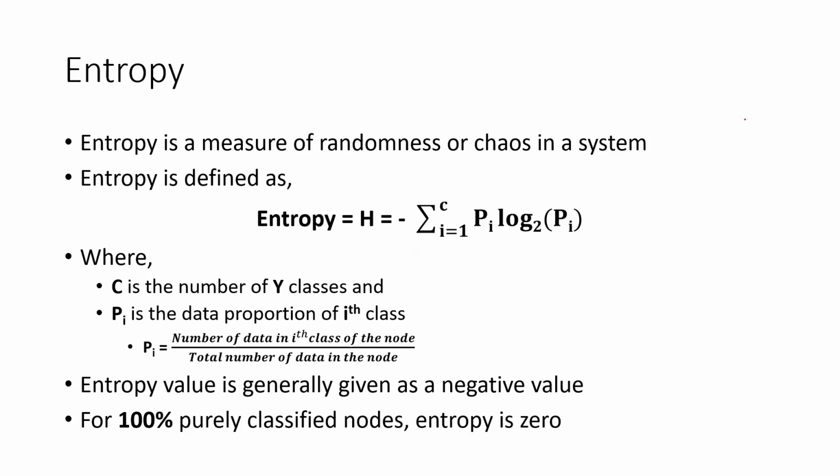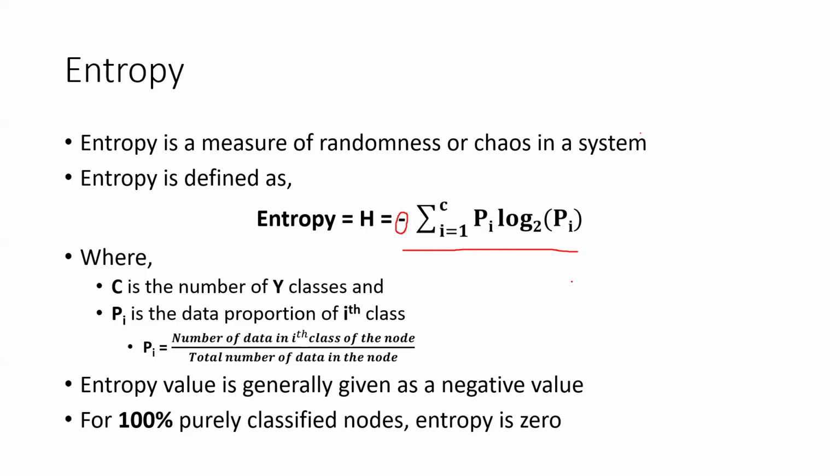Entropy is also used in physics to measure the randomness or the chaos in a system. We measure entropy with this formula, where you can see it starts with the negative sign.